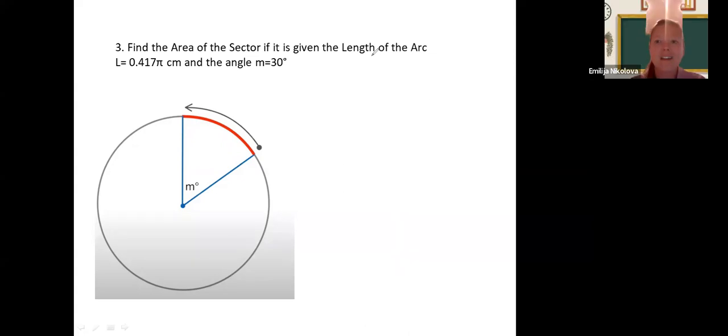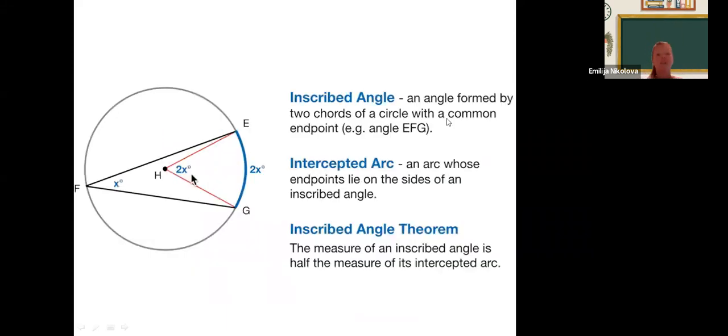Okay. So let's go to the next one. Now we have the inscribed angle. It is an angle formed by two chords of a circle with a common endpoint. So FG is one chord and FE is another chord.